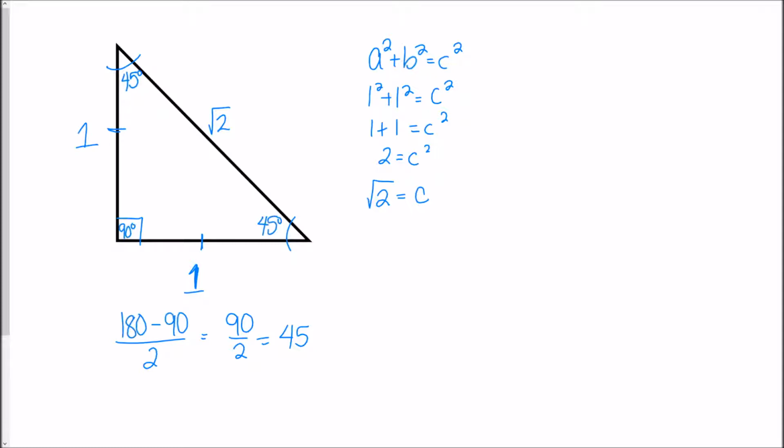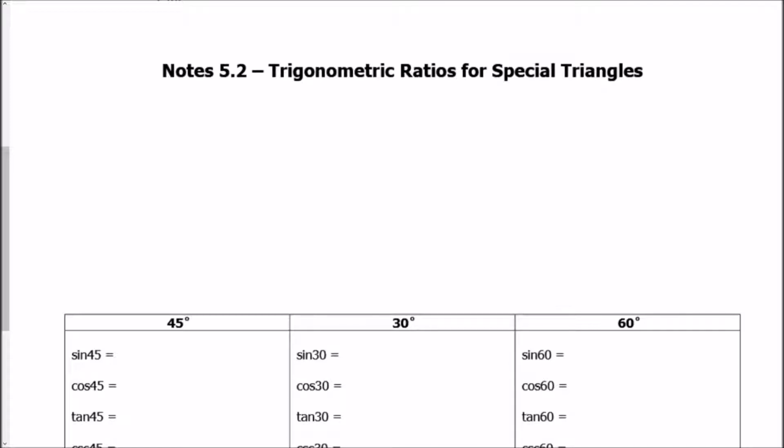Okay, awesome. So this means that the first type of special triangle that we're going to look at is a 45, 45, 90-degree triangle. So for the 45, 45, 90-degree triangle, let's go ahead and draw this in. This time I do want you to draw this information in.